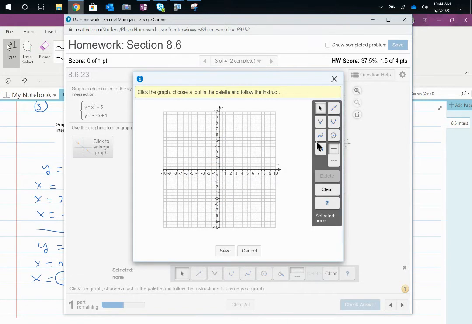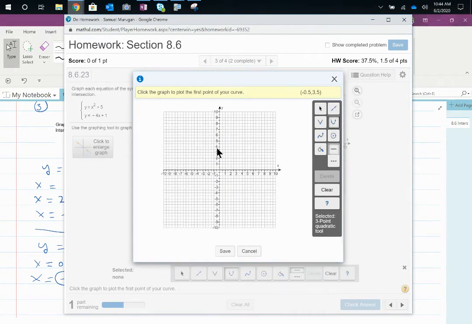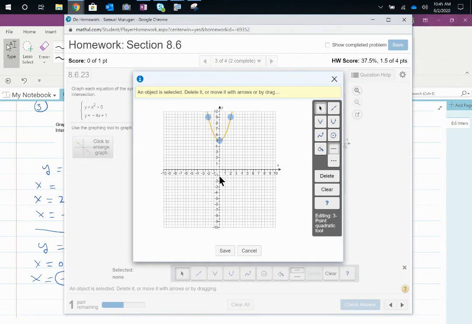Let's go ahead and clear it and start over. We have 5 and 0, 2 and 9, and then 2 and -9.